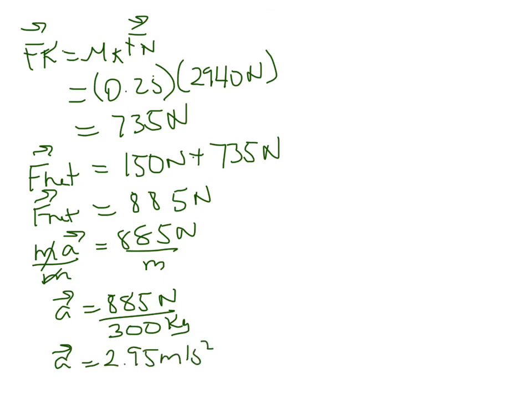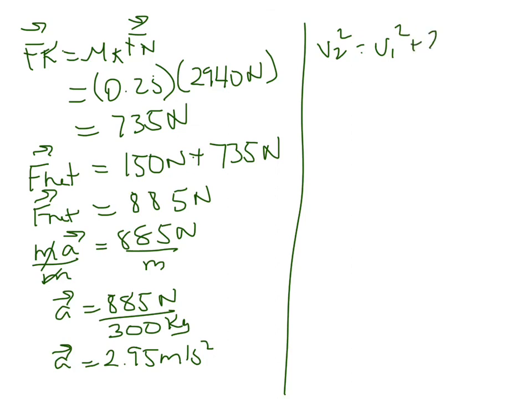So it's asking us to figure out our displacement, and so we have our V2, we have our V1, we have our acceleration, and we're being asked to figure out our displacement. So we're going to go ahead and use that equation. So let's rearrange it.